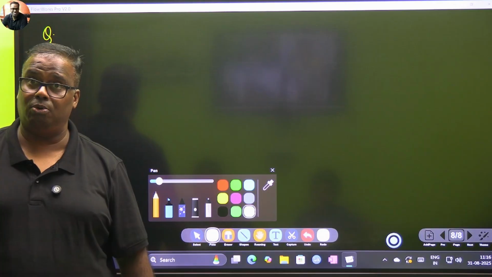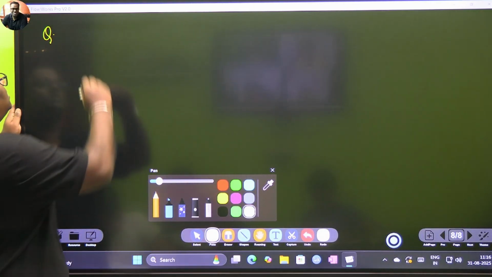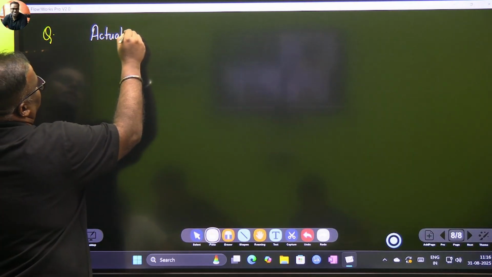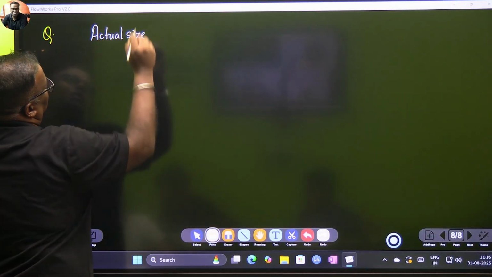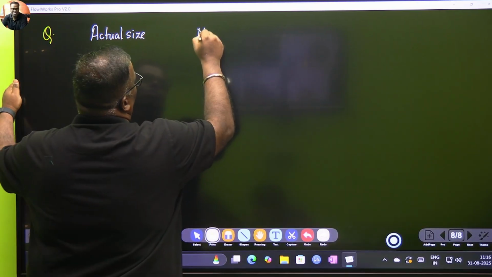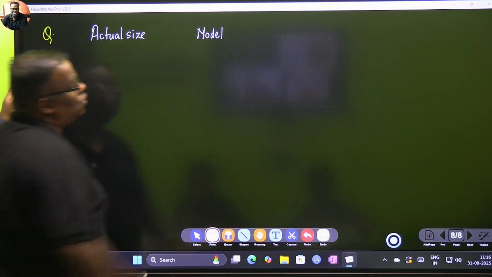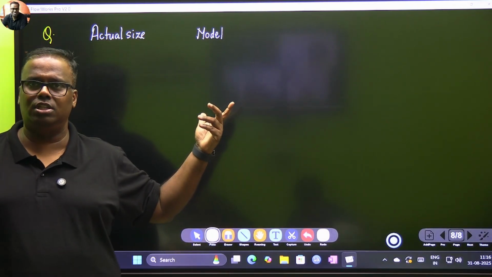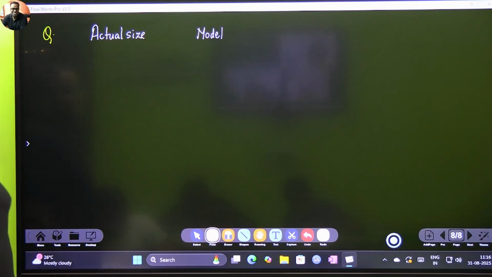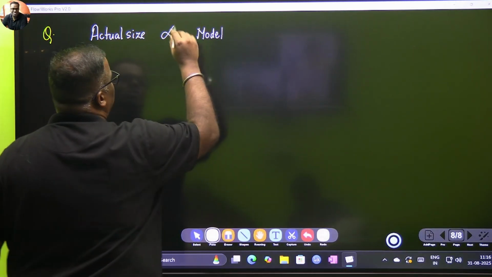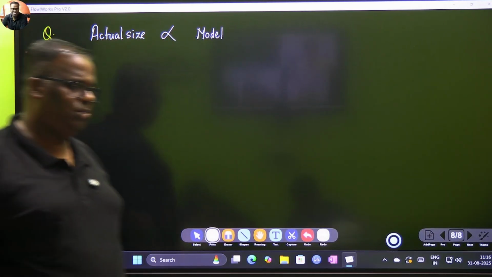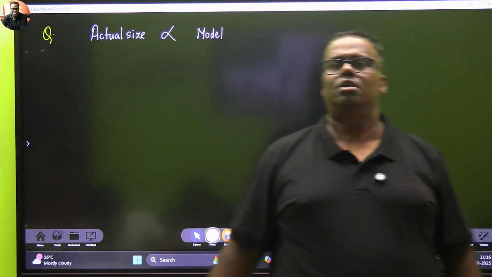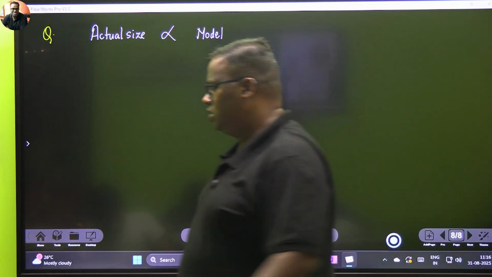Okay, so there is something called actual size and there is something called model. Don't you think actual size and model should always be proportional to each other? Yes. So we will say actual size is always directly proportional. In a model of a ship, the mast is 9 centimeters height.